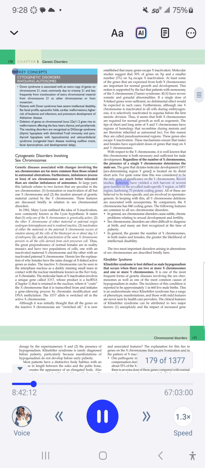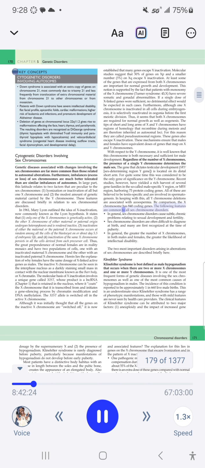Recent studies, however, have yielded a rich harvest of several gene families in the so-called male-specific Y region, or MSY region, harboring 75 protein-coding genes. All of these are believed to be testis-specific and are involved in spermatogenesis. In keeping with this, all Y chromosome deletions are associated with azoospermia. By comparison, the X chromosome has 840 coding genes.